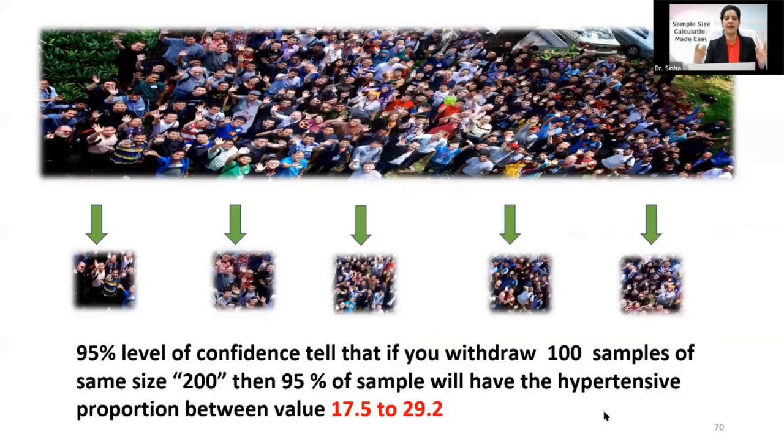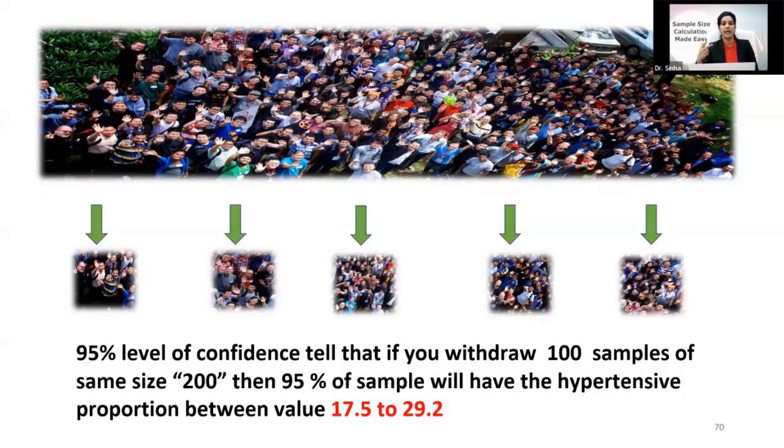Now, there are 5 more researchers. One researcher has also taken one sample, the second researcher has taken this sample, the third has taken this. So 5 researchers have recruited 5 different samples of 200 people, or maybe 100 people, depending. If 100 researchers recruit samples of 200 from the same population, then 95% of the samples will have the population parameter for hypertension between 17.5 and 29.2.